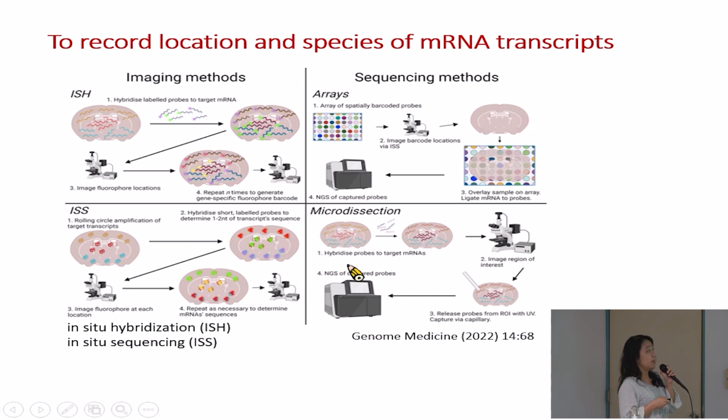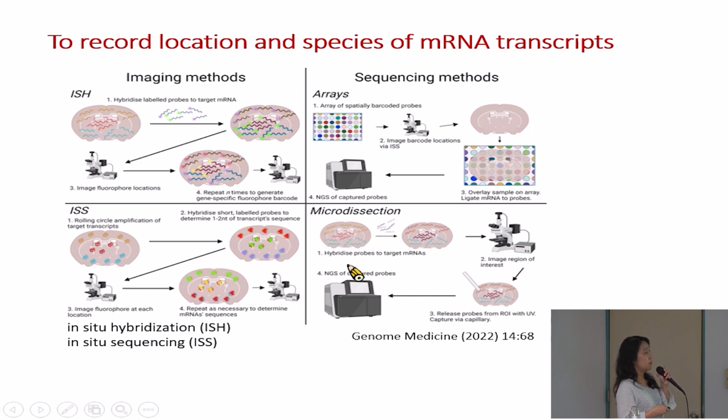There are two ways to understand the location and messenger RNA transcript. First is the imaging method. The second is the sequencing method. The first one is that through in situ hybridization, we can see the target messenger RNA will hybridize with a specific probe.